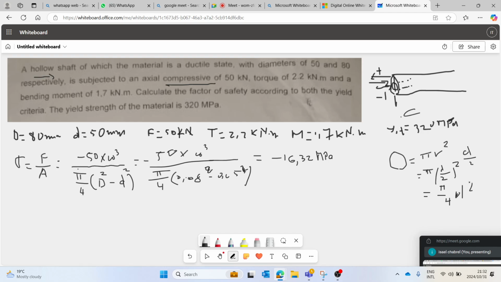So the area is this one. Why did I get 4, Mr. Koso? I think there was somewhere we were writing a formula with 4. It's chapter 16, eh? No, it's the same chapter. Mr. Isaac, to the power 4 is when you want to find the inertia, isn't it? Pi over 64 times D to the 4 minus d to the 4. Yes, that's when you want to find it.